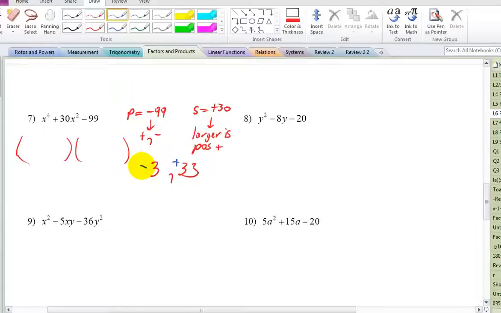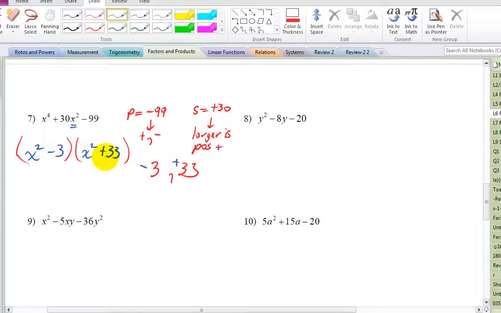What's up with x to the fourth? All right. Now look at your middle term to help you. Okay, x squared, x squared. That's how we're going to get x to the fourth. Now you have your numbers. You have all the pieces, folks. So minus 3 plus 33. Doesn't matter which brackets go first.